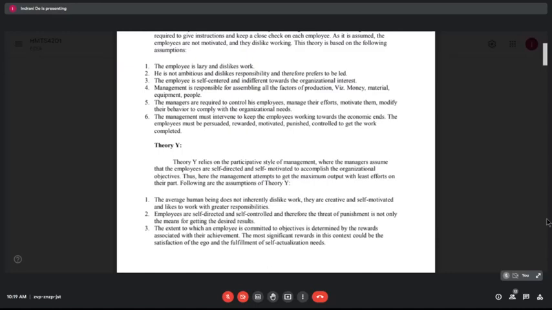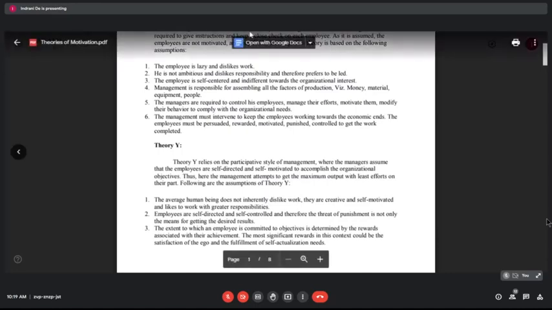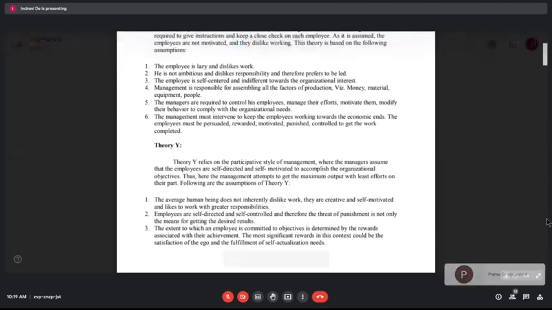If you look at Maslow's hierarchy, there we have seen physiological needs and safety and security needs. When we are getting some recognition, some promotion, that works as a motivator.